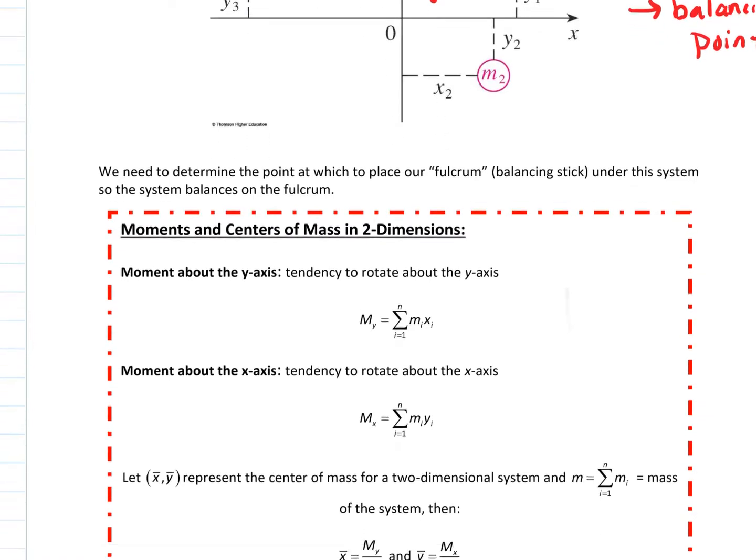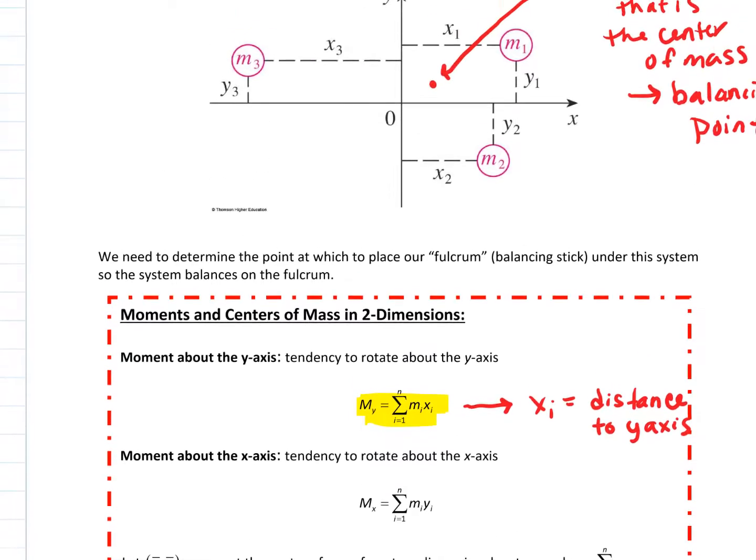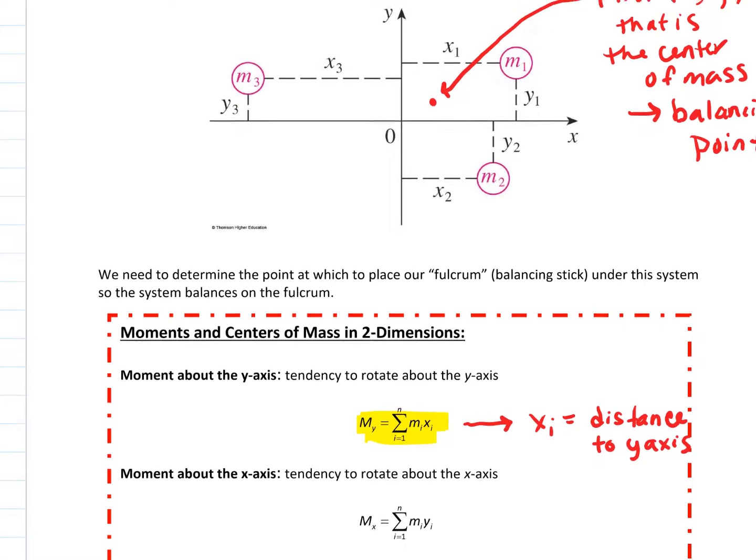So keeping in mind that this comes out of the fact that x sub i represents the distance to the y-axis of each of those masses. If we scroll back up, for each mass, its distance to the y-axis is x sub i, and its distance to the x-axis is y sub i.